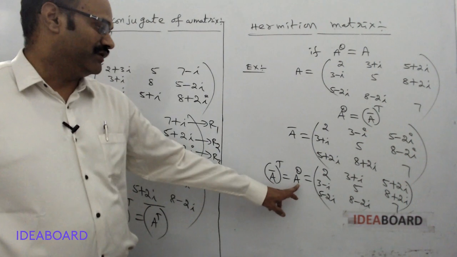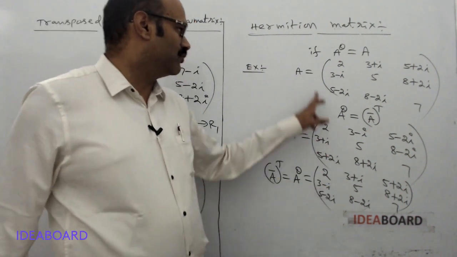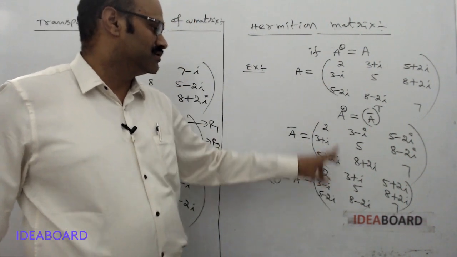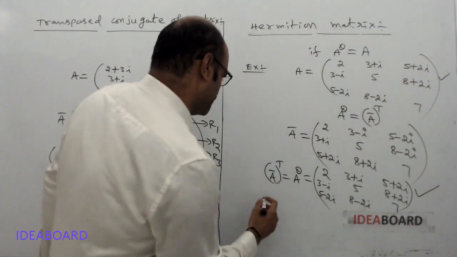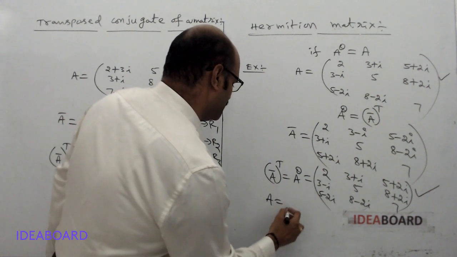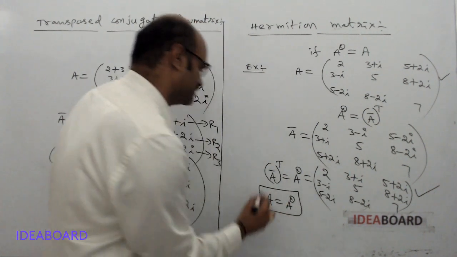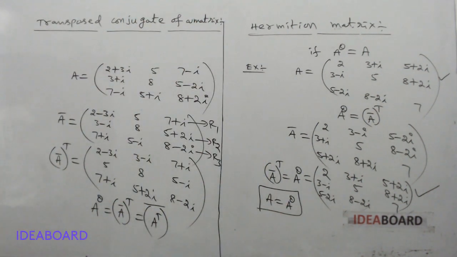Here, if you verify, A power theta equal to A. So these two are equal, so we say that the matrix A is said to be a Hermitian matrix.